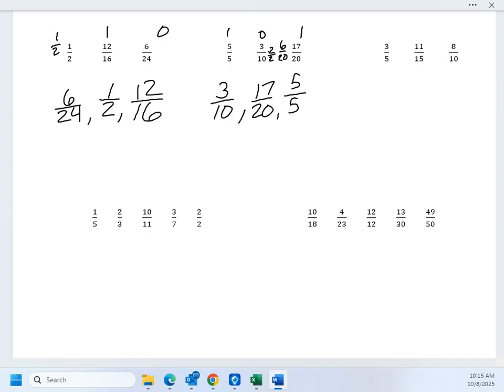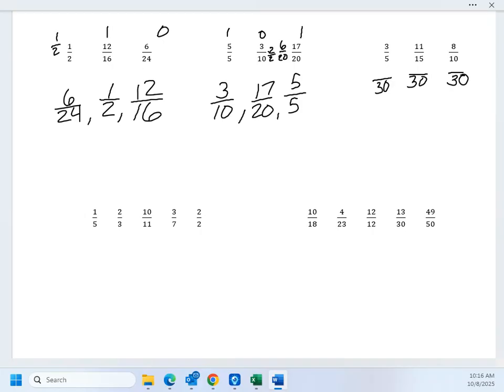Rhoda? 5. The only problem there is I can't divide them all down to 5. 11/15 is as simple as it gets. So I can't simplify it down. So I need to multiply up using equivalent fractions. Alex? 30. Yeah, they all can multiply up to 30.